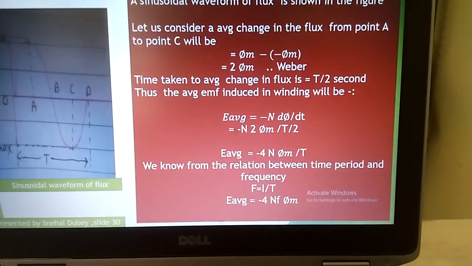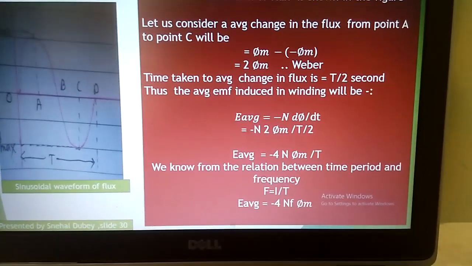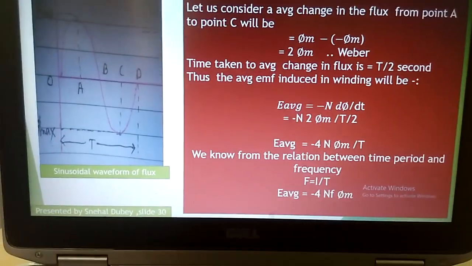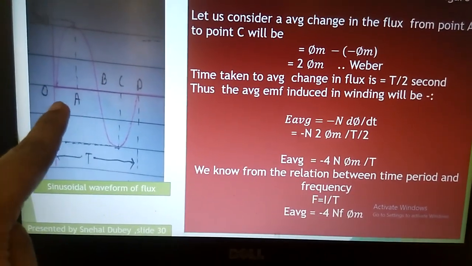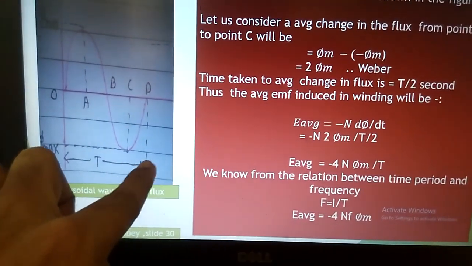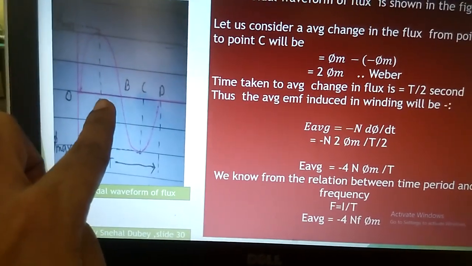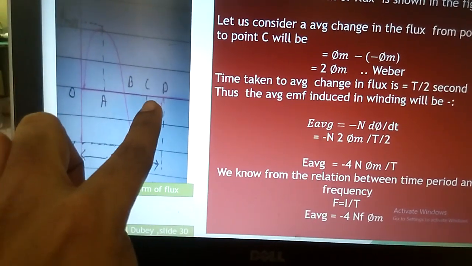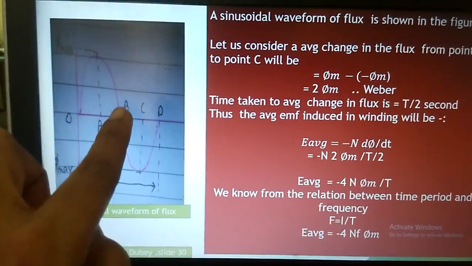The unit of flux is Weber. The time taken for this change in flux is T by 2 seconds. In this figure you can observe that from point 0 to D the time taken to complete one cycle is T. Therefore from point A to point C it will take T by 2 seconds.